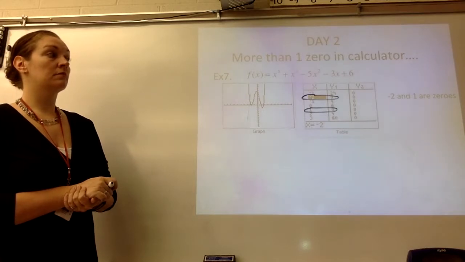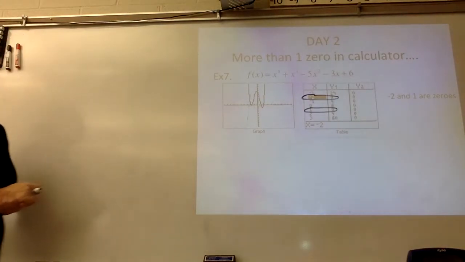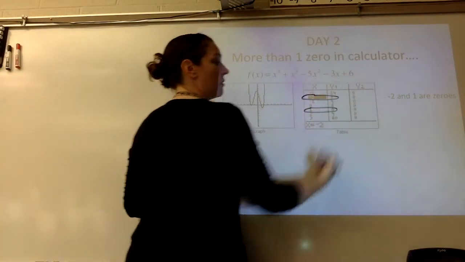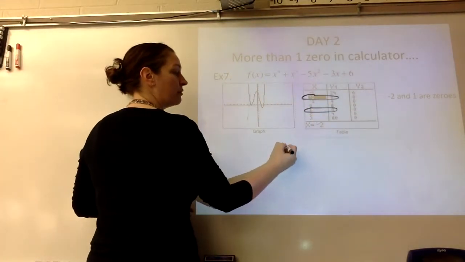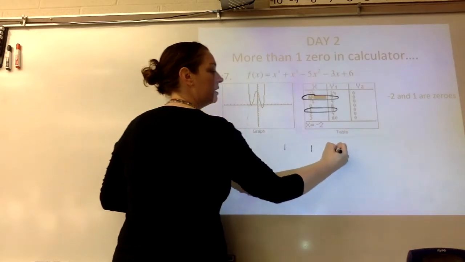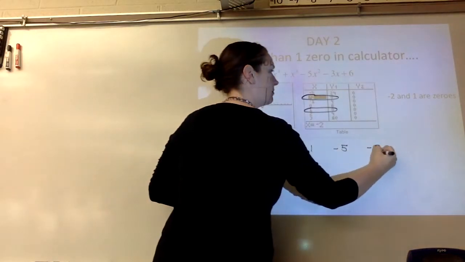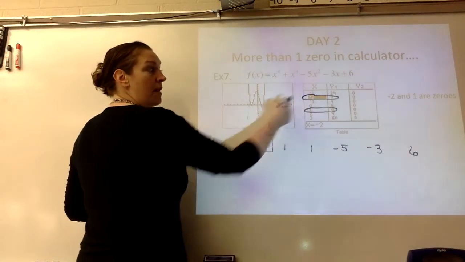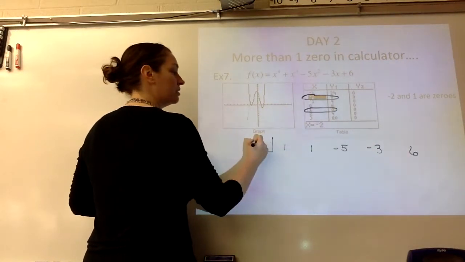Thank you. All right, so what we're going to do is we're going to take our function, 4, 3, 2, 1, 0. All powers are represented, and we're going to write our numbers, 1, 1, -5, -3, and 6, and we are going to synthetically divide by the first factor.